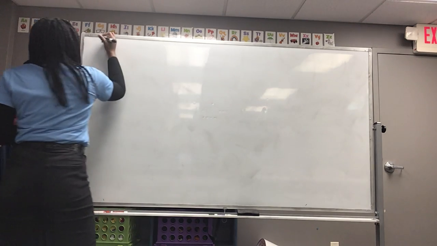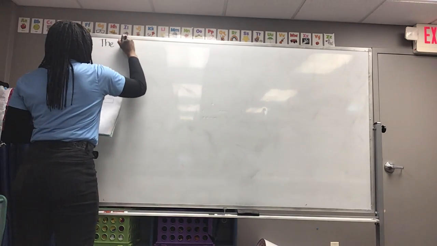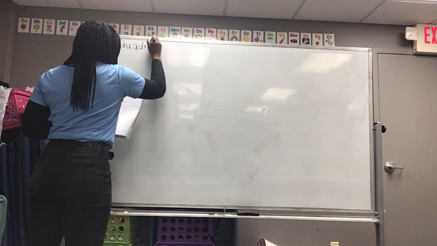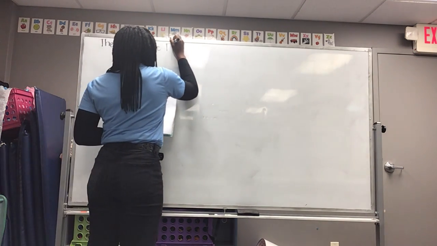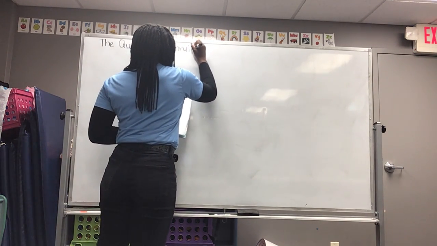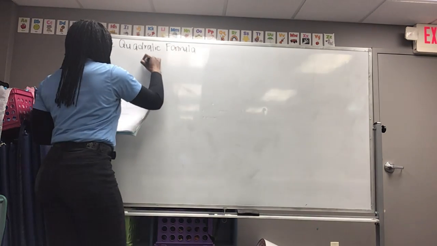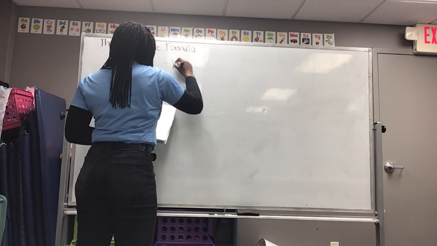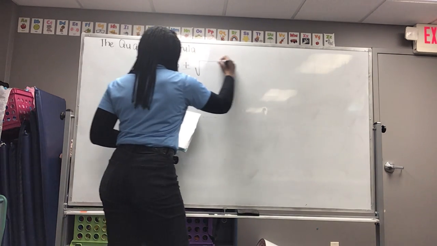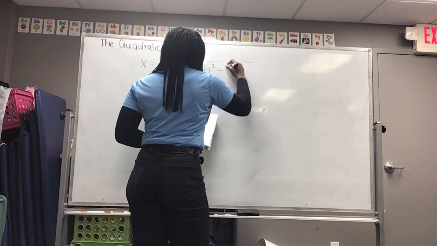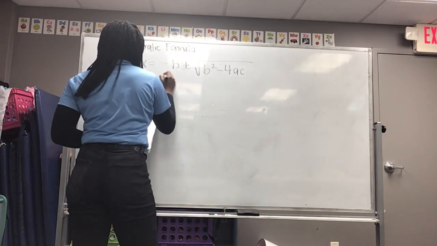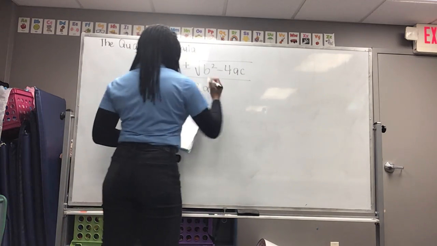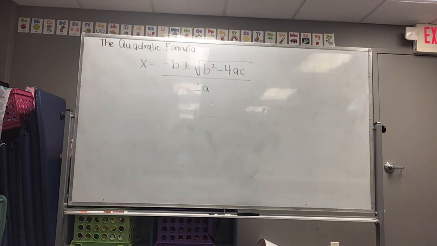The quadratic formula is kind of scary looking, but it's x equals -b plus or minus the square root of b squared minus 4ac, all divided by 2a. I don't think they'll give this to you on the ACT, if I remember.